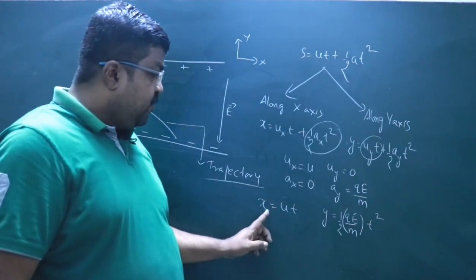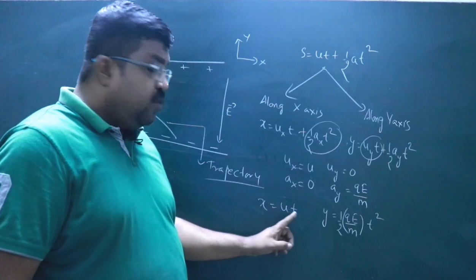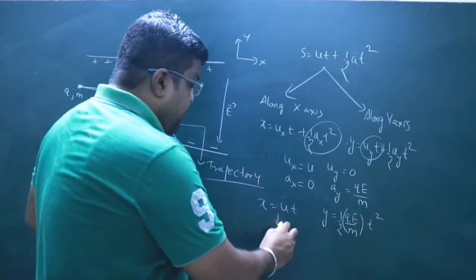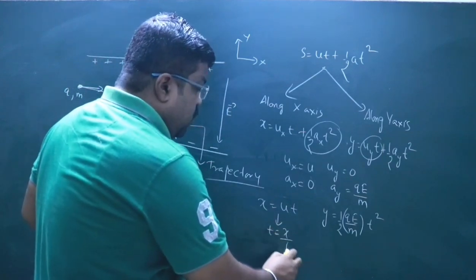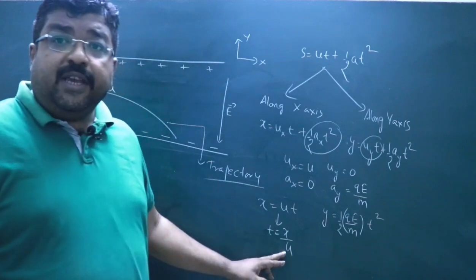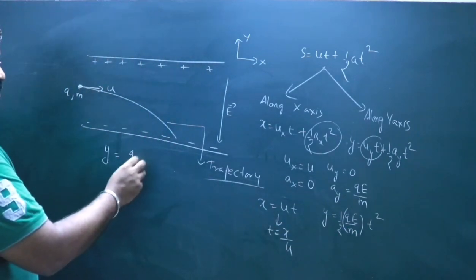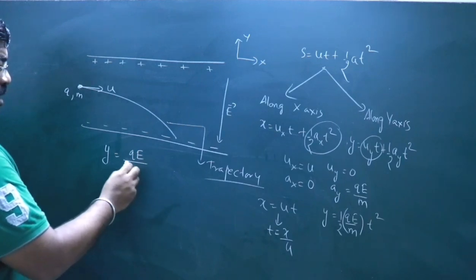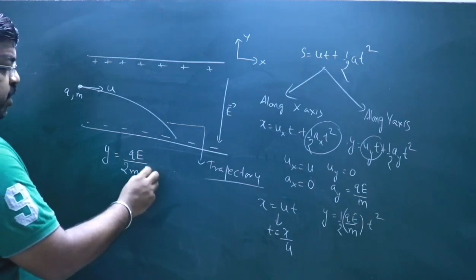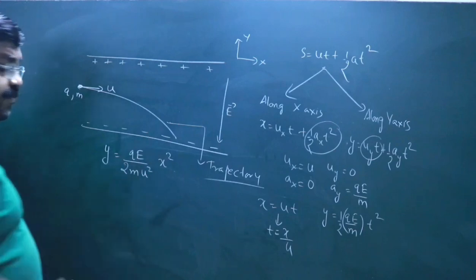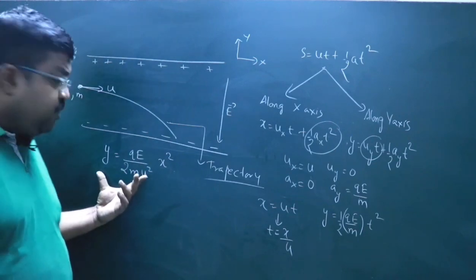From x equal to ut, we have t is equal to x by u. If you substitute the value of t, we get the equation y is equal to qE by 2mu square times x square. We are getting this quadratic equation.